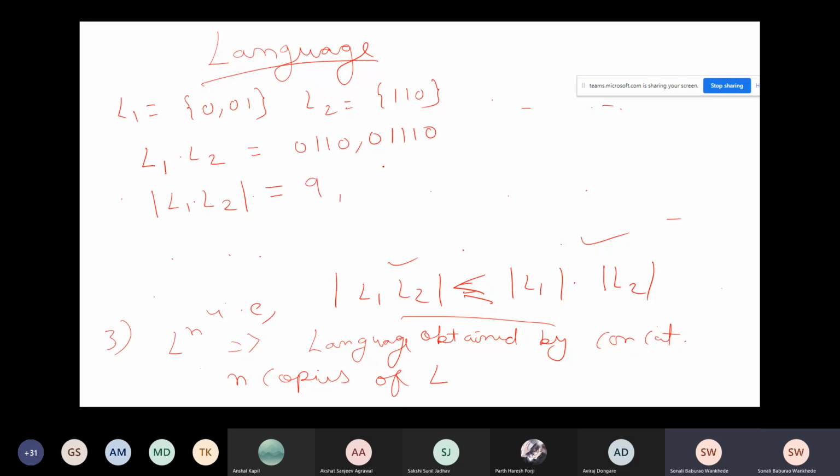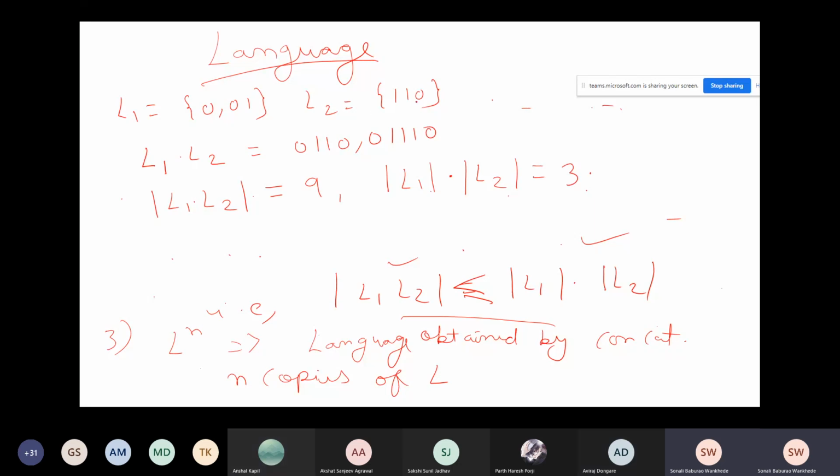Now you have to compute the individual sizes of L1 and L2 and take their product. What's the size of L1 first of all? No, it's 3, right? 1, 2, 3. And the size of L2 is also 3.